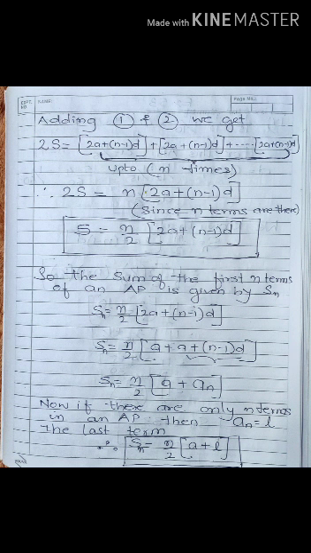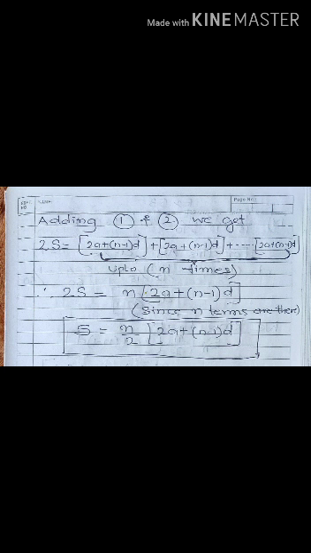So adding, we get 2S equals 2a plus (n minus 1)d plus 2a plus (n minus 1)d, and so on up to 2a plus (n minus 1)d, n times. That means n times (2a plus (n minus 1)d) equals S plus S, which is 2S. Therefore, S equals n by 2 times (2a plus (n minus 1)d).